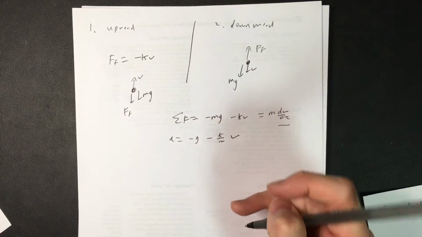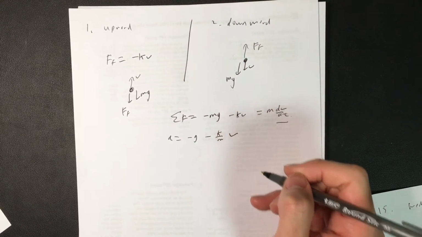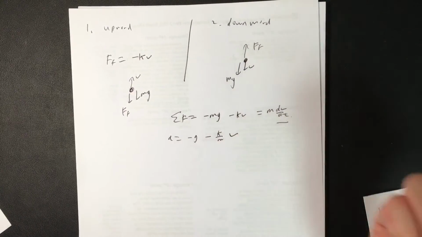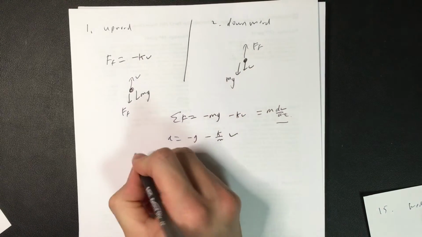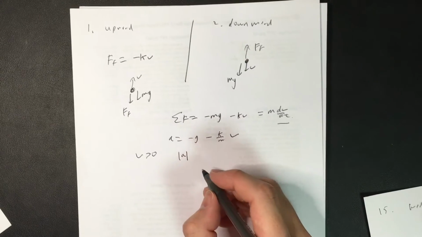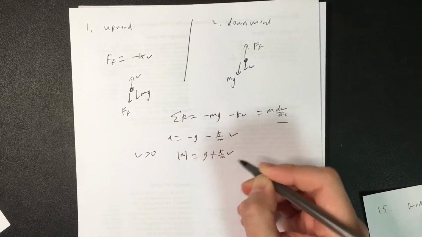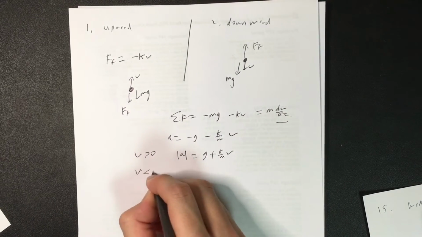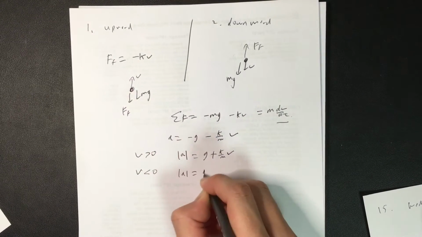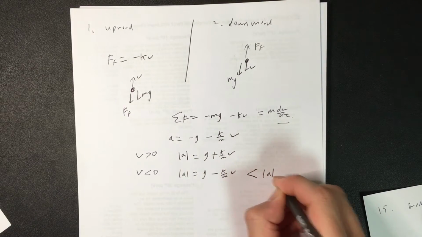Now, we can solve this quantitatively using differential equations, but we're going to approach this qualitatively. When v is positive, then the magnitude of the acceleration equals g plus k over m v. Meanwhile, when v is negative, then the acceleration equals g minus k over m v, which is smaller than the acceleration of the positive velocity.